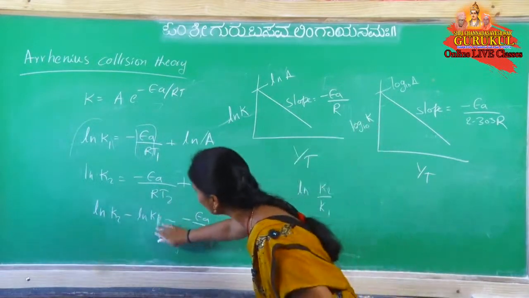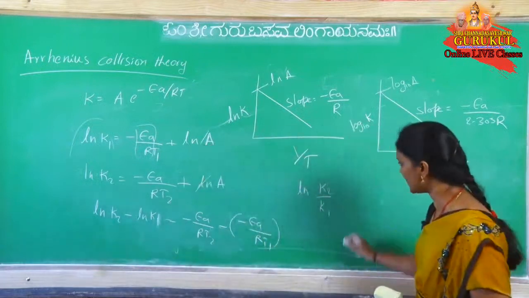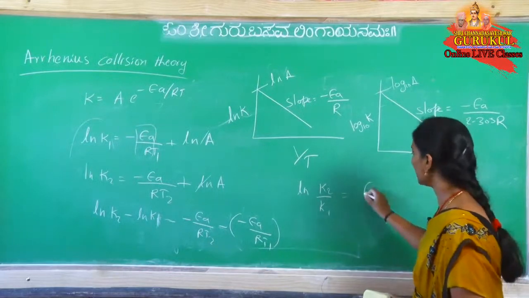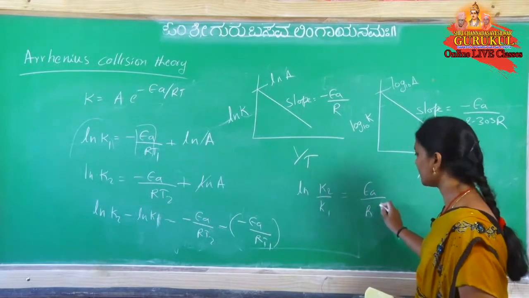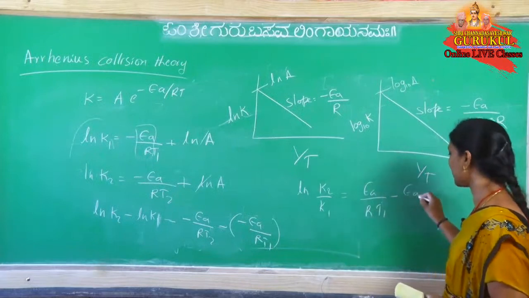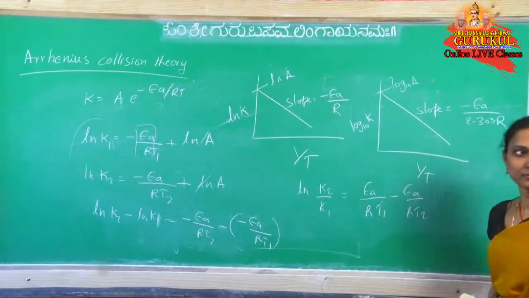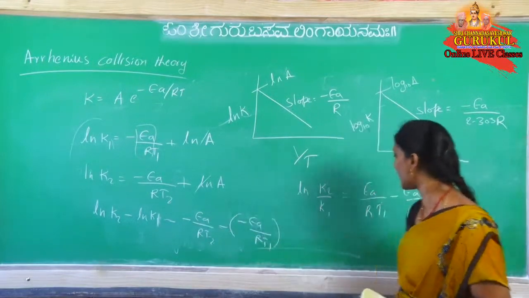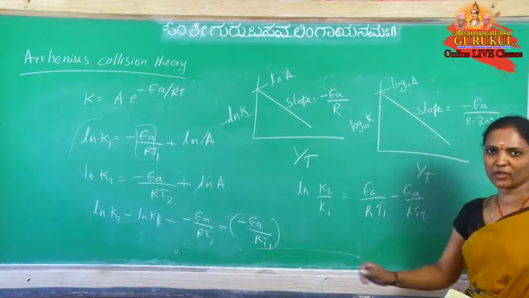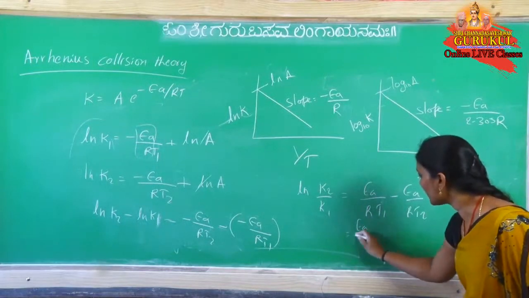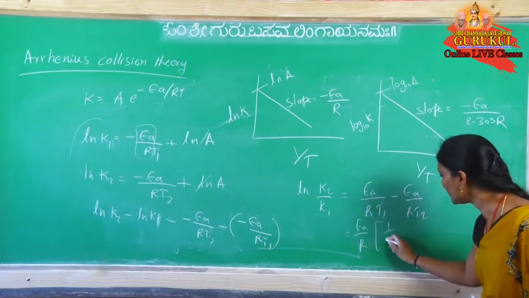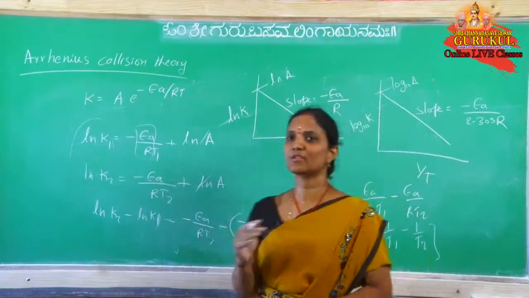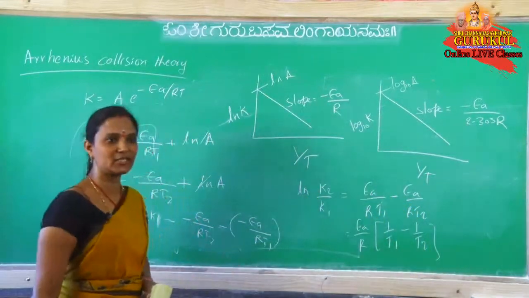So ln K2 by K1 is equal to Ea by RT1 minus Ea by RT2, since minus of minus is plus. Now take Ea by R common, Ea by R into 1 by T1 minus 1 by T2. So this is 1 by T1 minus 1 by T2.